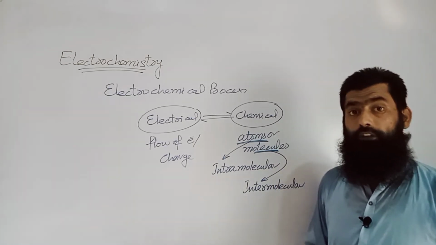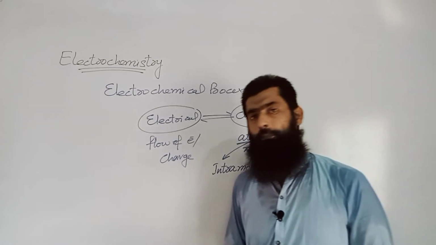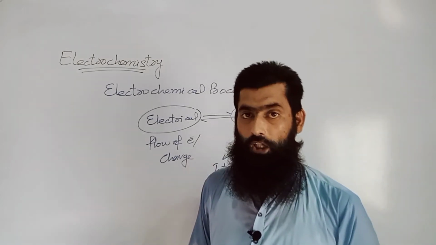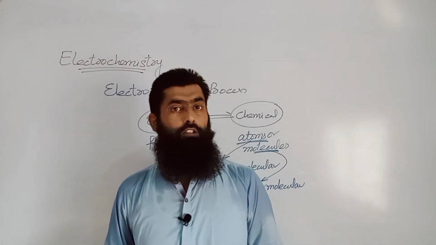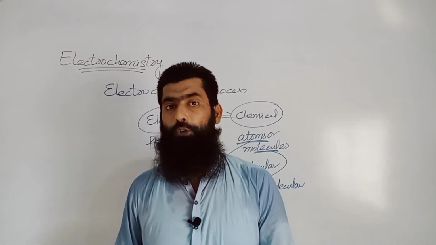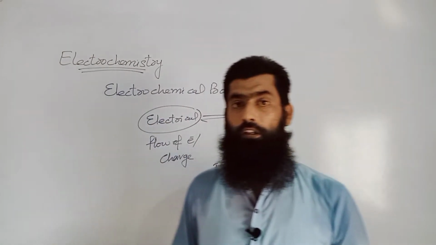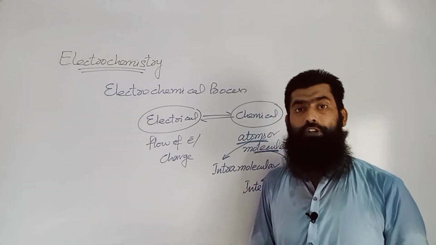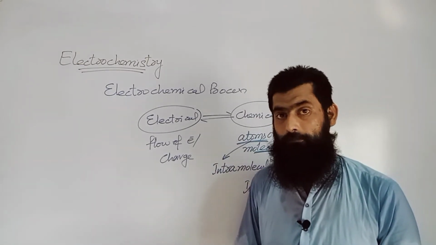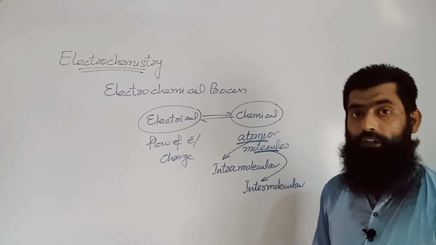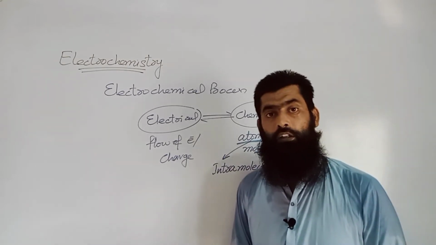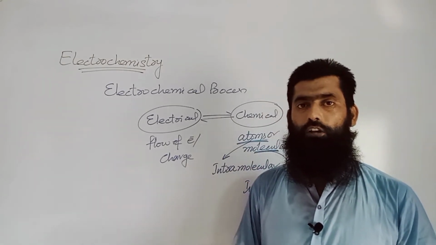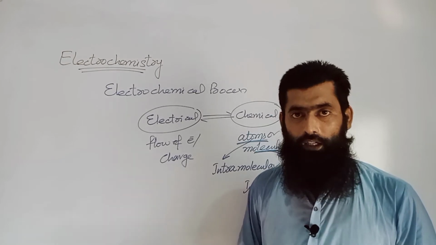The conversion of these two kinds of energies must involve some mechanism, about which we will talk later. But for now, we must know that the conversion of these two energies is interrelated. This relation can be represented as a relation of spontaneous and non-spontaneous processes.